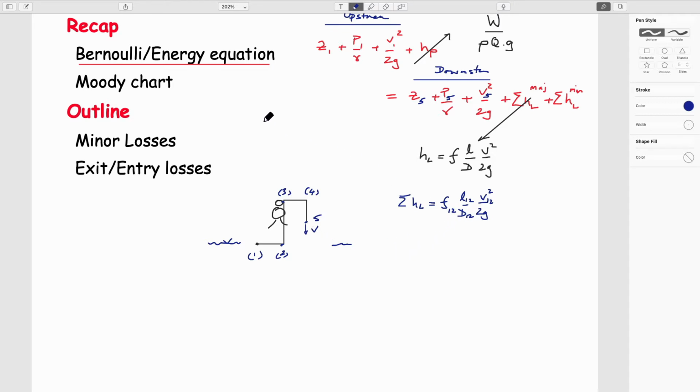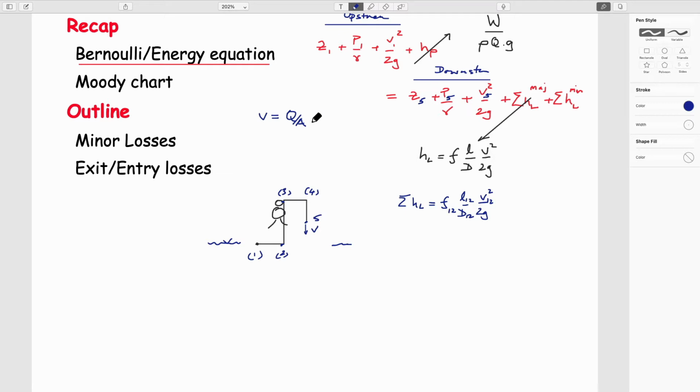And of course we could get that velocity is going to be equal to Q over area. So we can always figure out what the velocity is if we know the velocity at 1 or at 2, since the flow rate would be constant throughout the system.